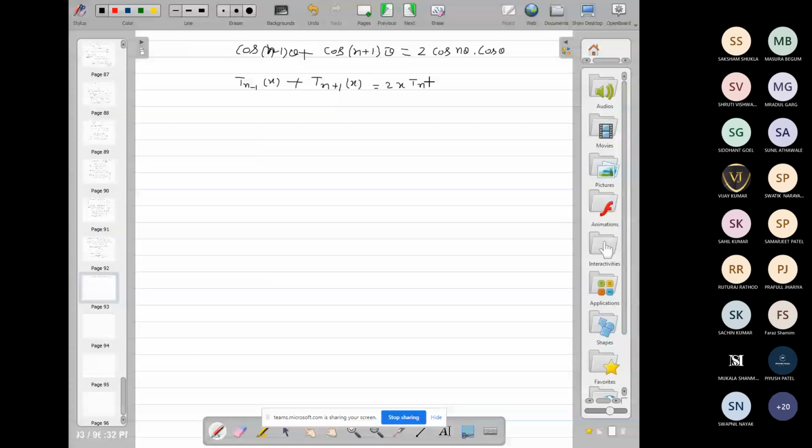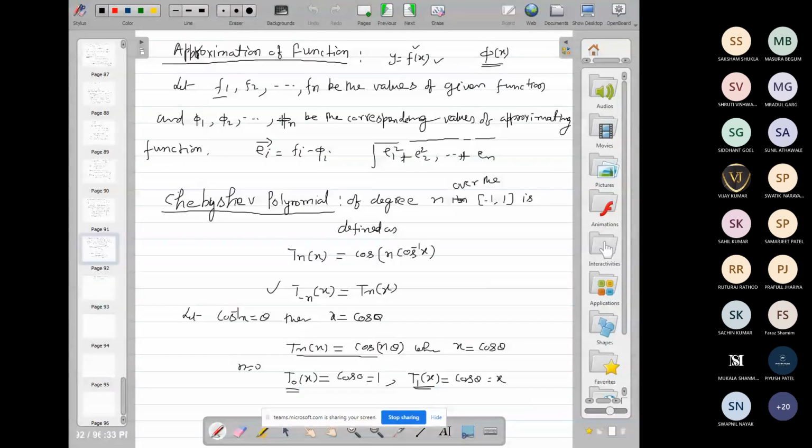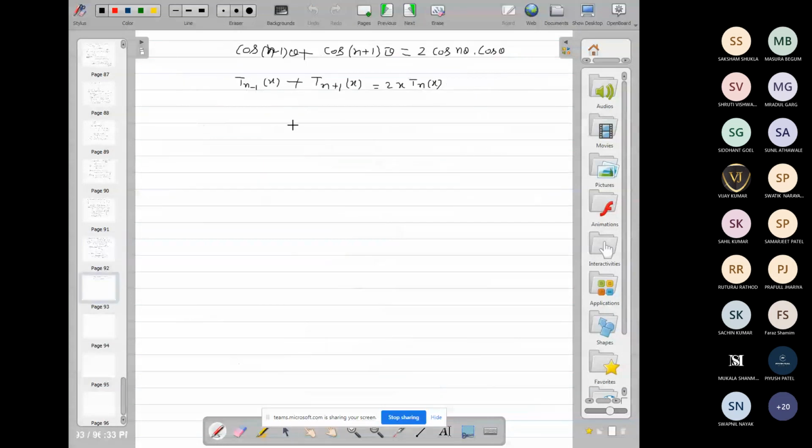So this is a recurrence relation. With the help of this, we can calculate Tn(x) for every n after using the values T0(x) equal to 1, T1(x) equal to x. So here we have T(n+1)(x) equal to 2x Tn(x) minus T(n-1)(x).